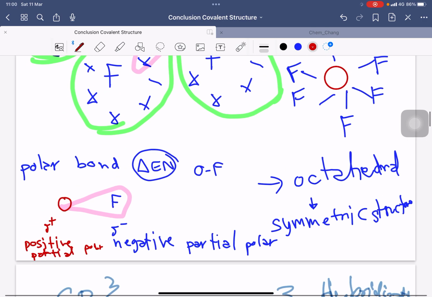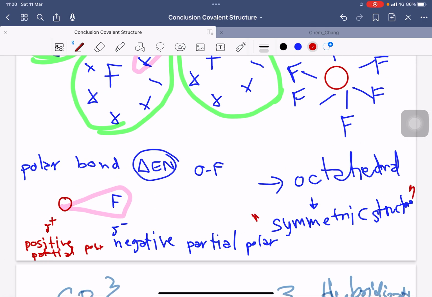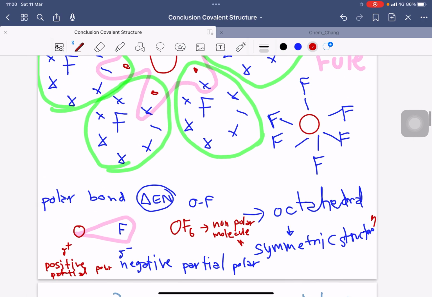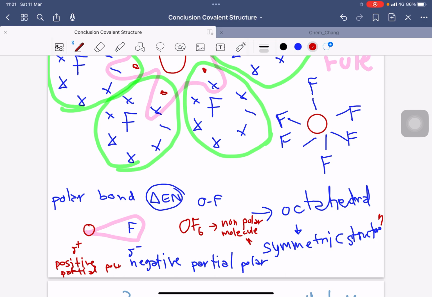After you know that the structure is symmetric, the molecule OF6 will be a non-polar molecule, which contains polar bonds. And then we can tell that when you have a non-polar molecule, it will be insoluble in water.